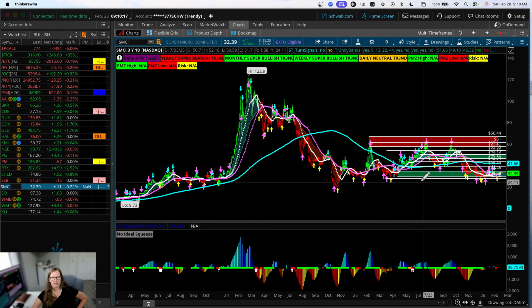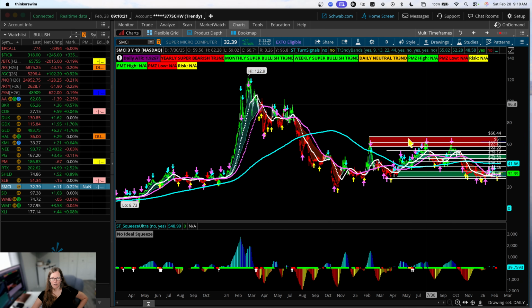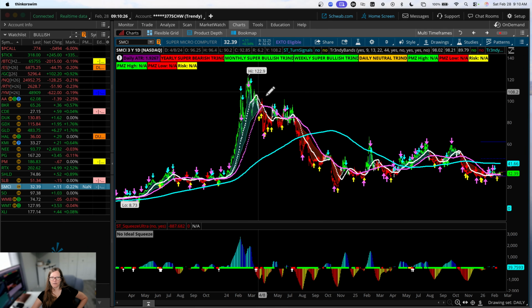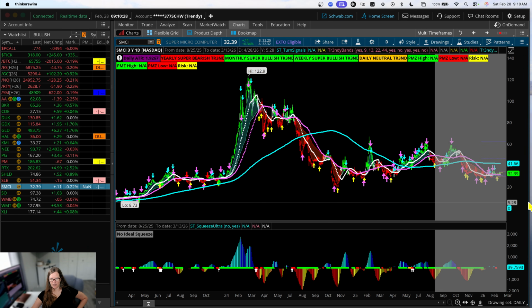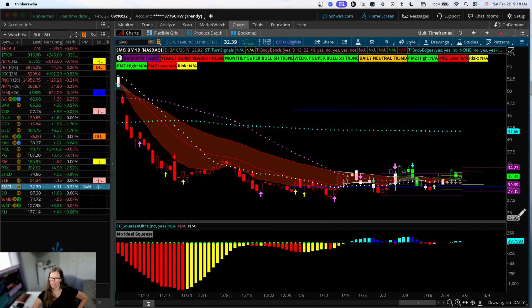SMCI, Super Micro Computer. On the daily, this thing is in a downtrend. It's yikes. It looks kind of like what Netflix looks like, in that price came and just camped at this lower yearly edge for what looks like forever.